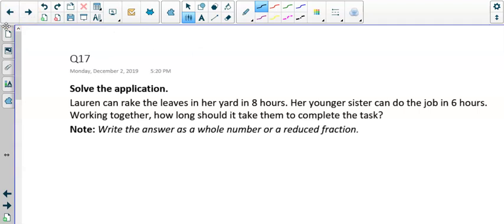All right. So, an application that's coming exactly from 4.5. If you remember in class from the video, these application problems all take the same form.